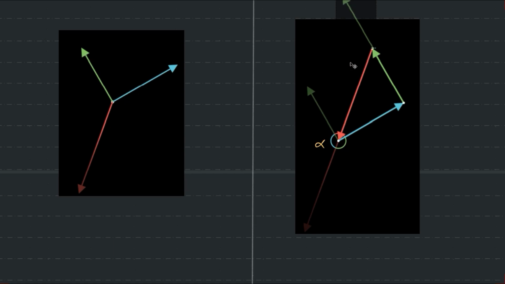Now, if I extend this line in this manner, what is this angle? This is parallel to this, so this has to be alpha because of corresponding angles. You guys agree?